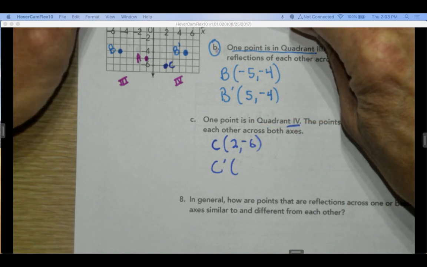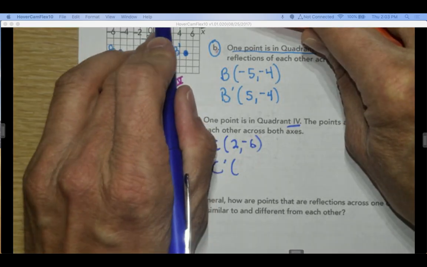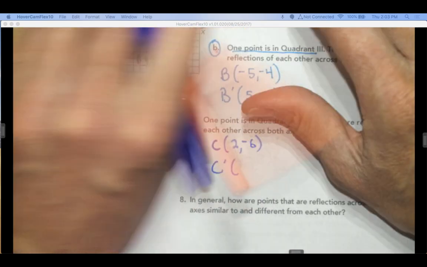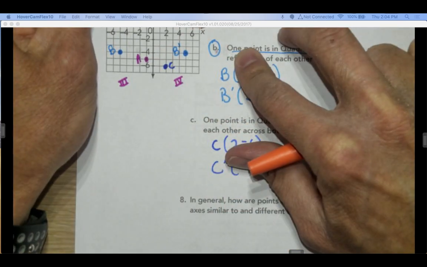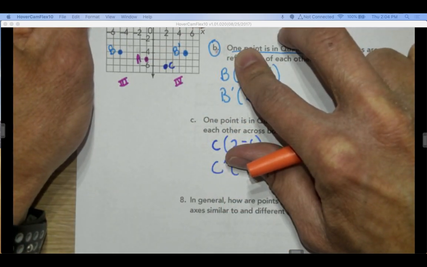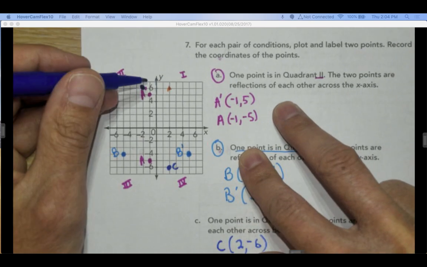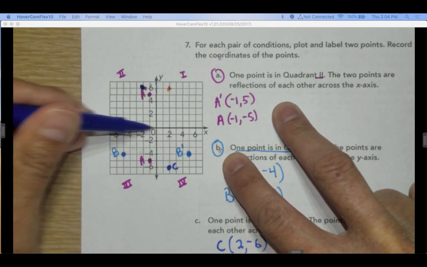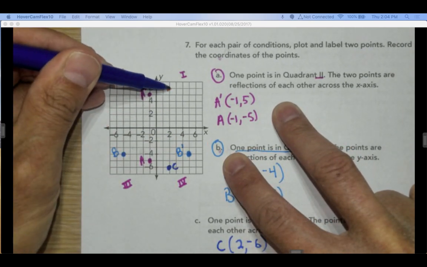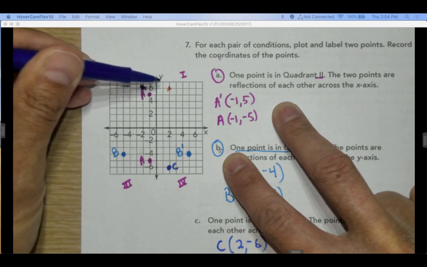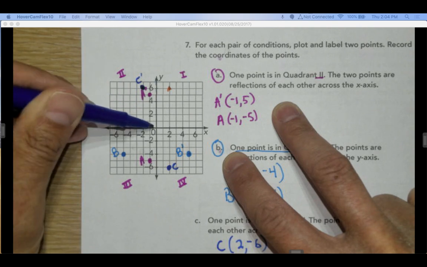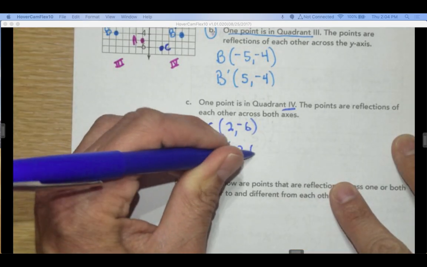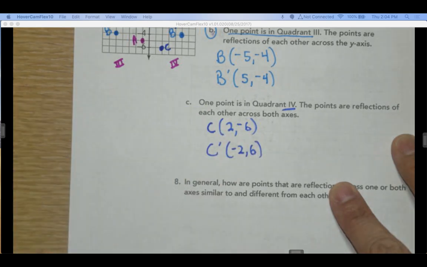But then I need to flip it over the y-axis, so I flip it over this side, and then it goes right over to here. I flipped it over the x-axis first to get to here. Then I flipped it over the y-axis to get to here. And so this is where C prime would be, and this is -2, 6. Okay?